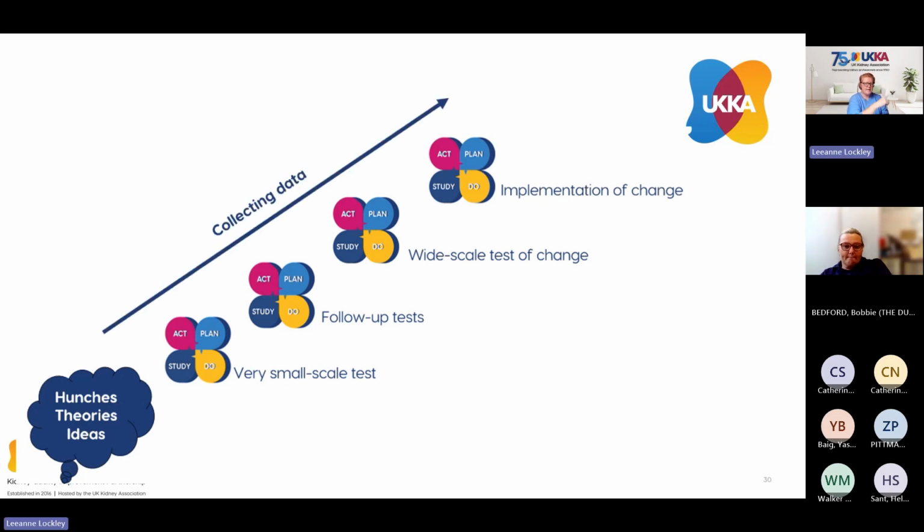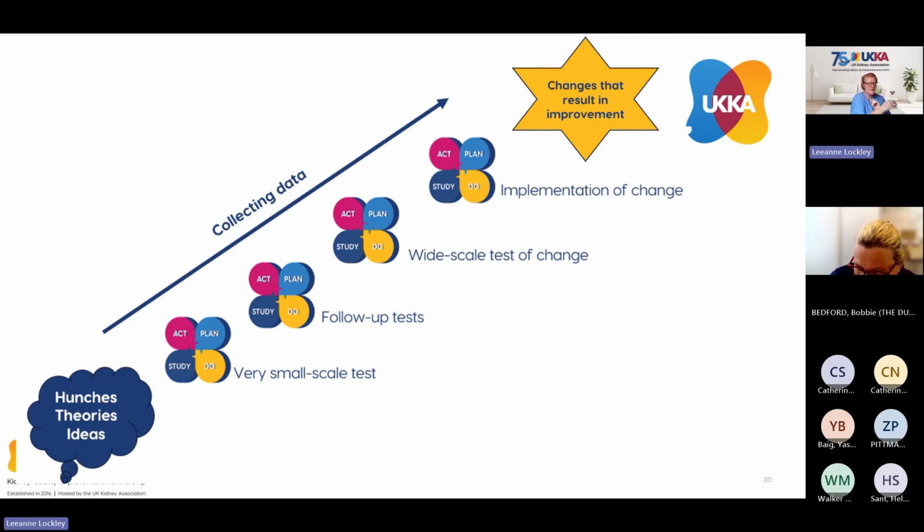All the while, you're collecting data over time, and you will see on that run chart the impact that your change has had, because ultimately that answers that question in the model for improvement: what change can we make that will result in an improvement?